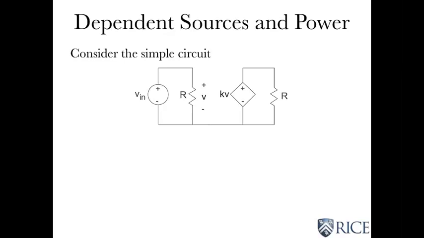So, here's a very simple circuit, split in two pieces, that has our voltage-dependent voltage source, and because it's in two separate parts, they don't interact with each other except by this mystical dependent source.